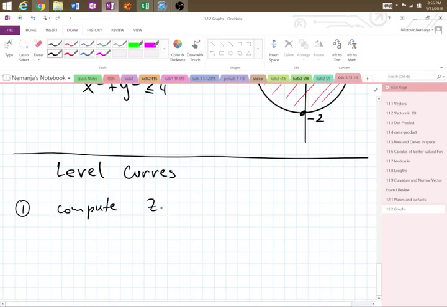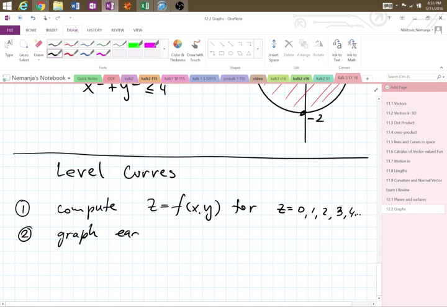Compute z equals f of xy for z equals 0, 1, 2, 3, 4, and so on. Graph each on the same xy plane, and you have your level curves.